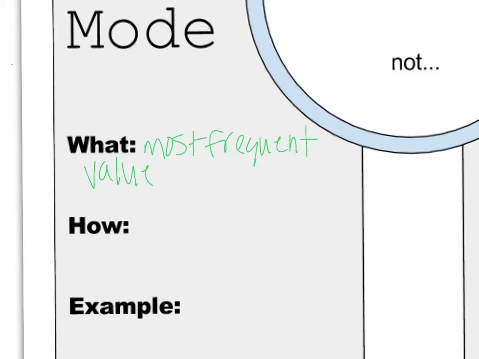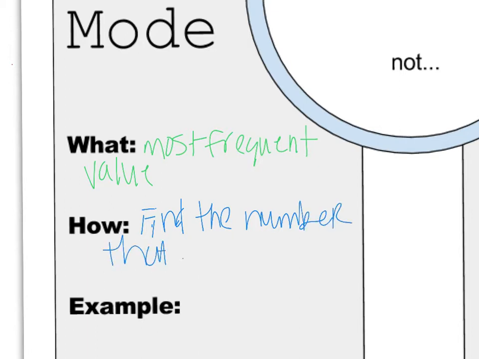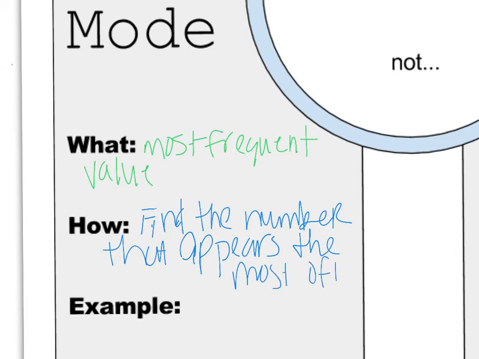How you find it is you just find which number is listed the most in your value set.